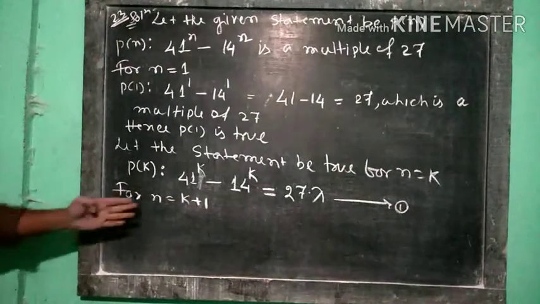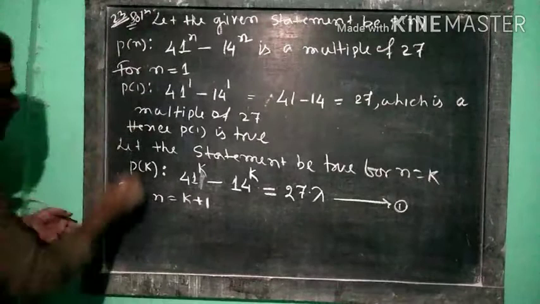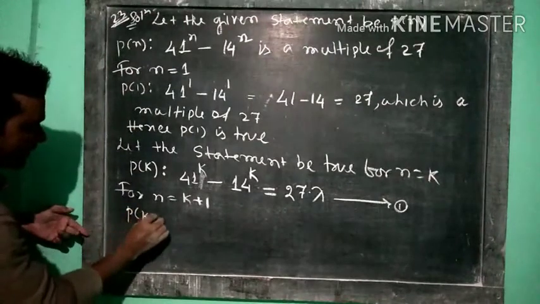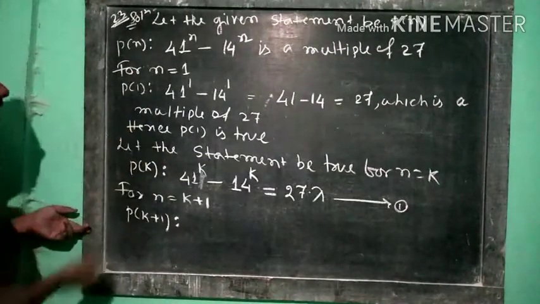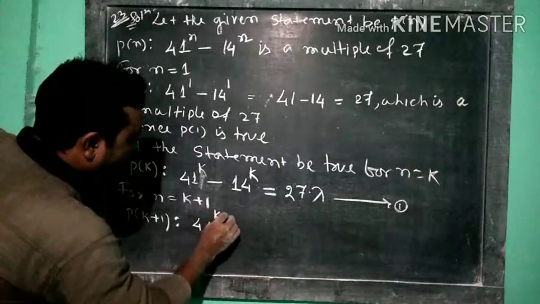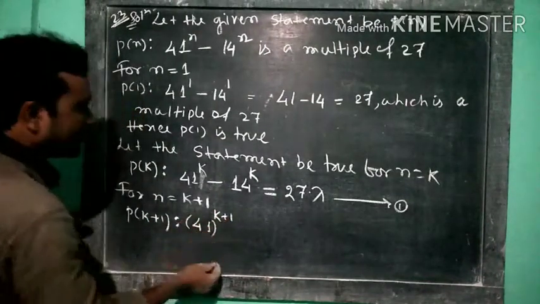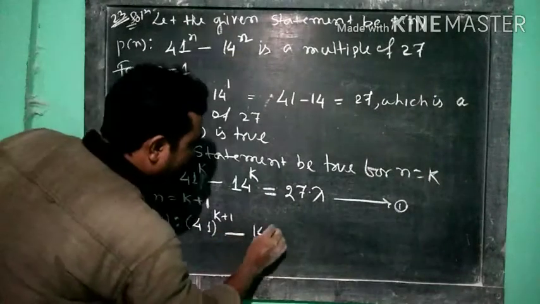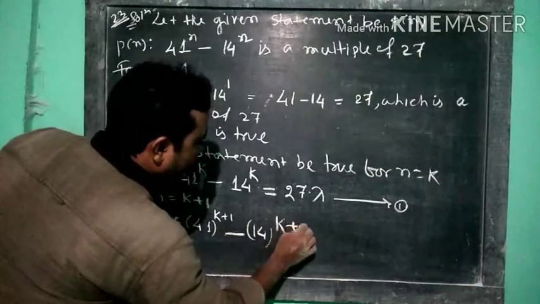When n equal to k plus 1, then P of k plus 1 such that 41 to the power k plus 1 minus 14 to the power k plus 1.